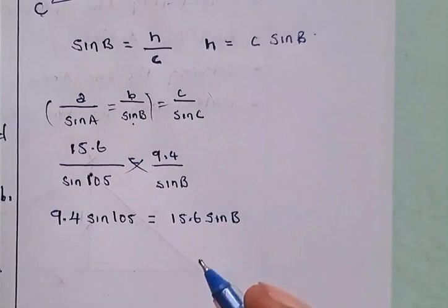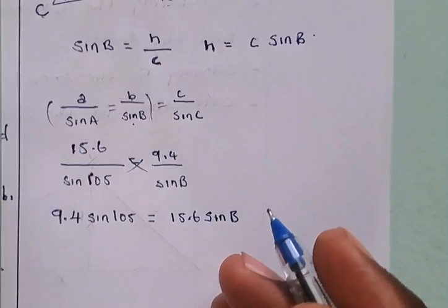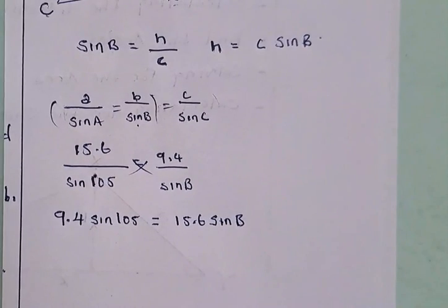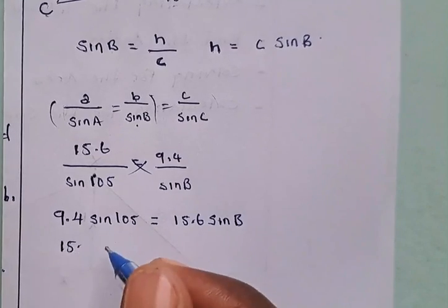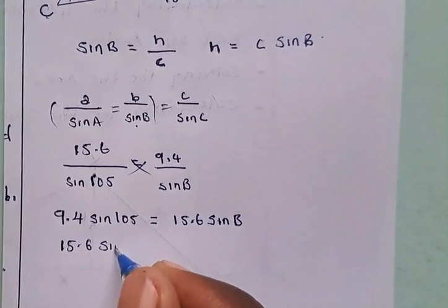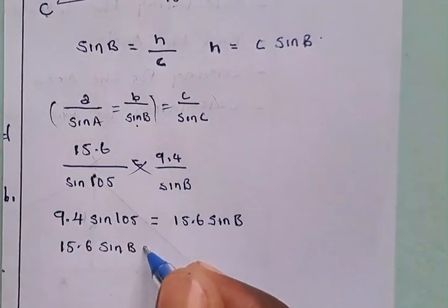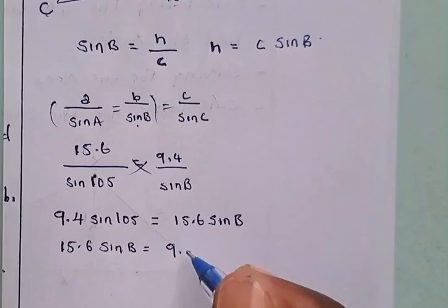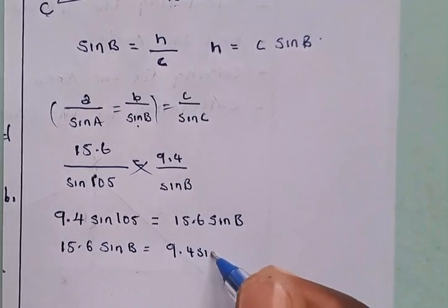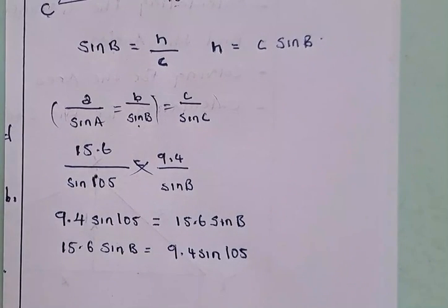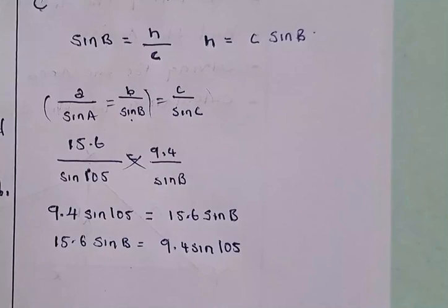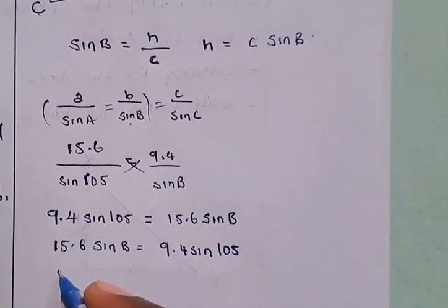We just want to swap them, so nothing is going to change here, no sign changing and the like. So this is 15.6 sine B is equal to 9.4 sine 105 there.